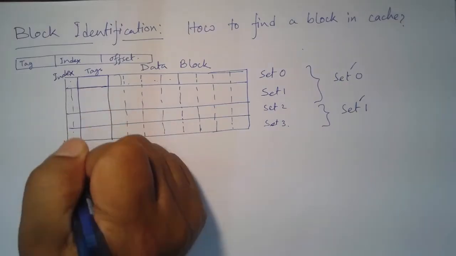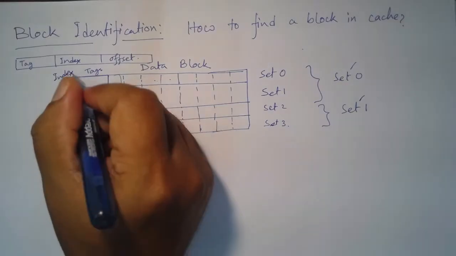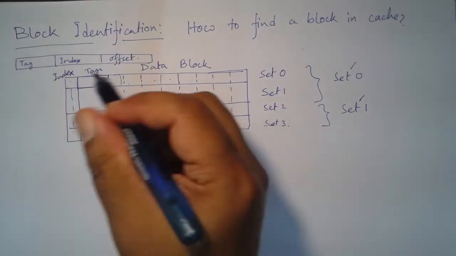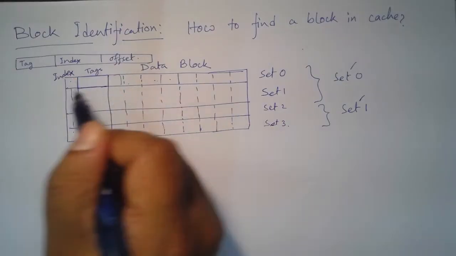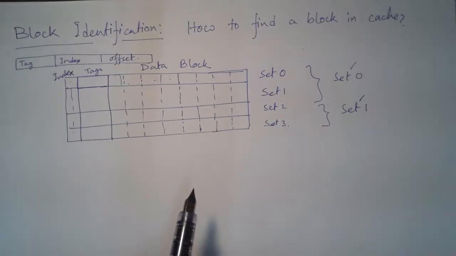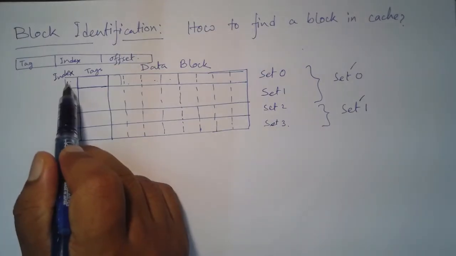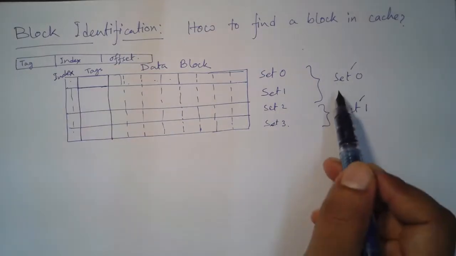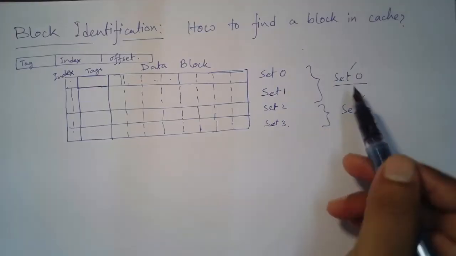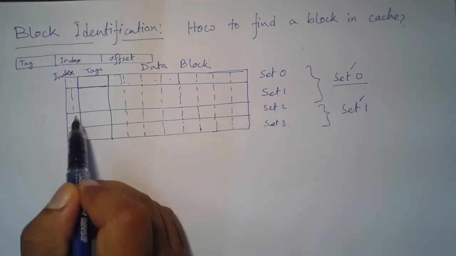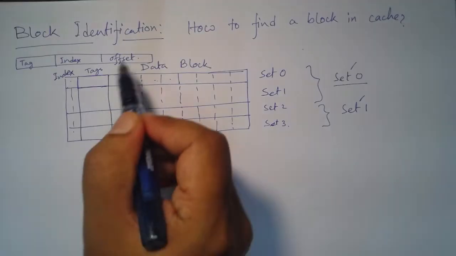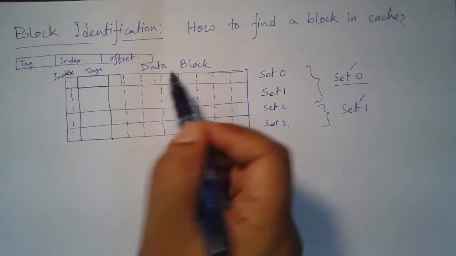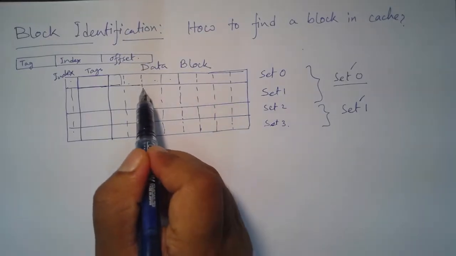If you want to invalidate the data, you can just flip that bit. I am not showing the valid bit and all the other things. The index will tell which particular block in the set you are looking at, and then the offset will tell us which 8 byte you are looking at.